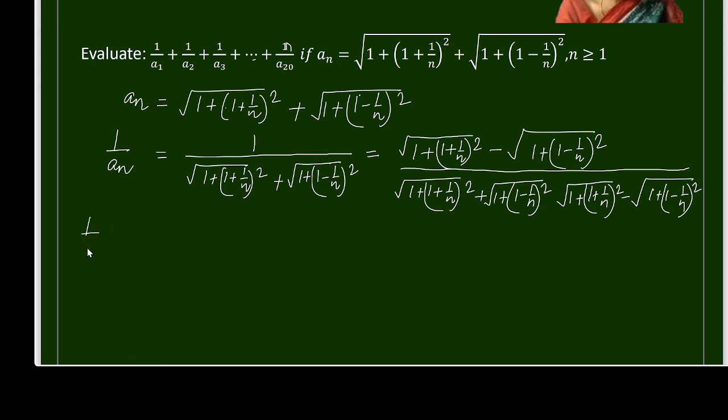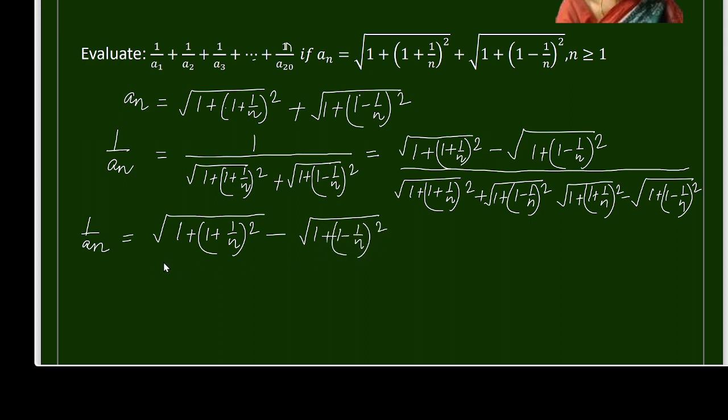So the reciprocal of the nth term will become, numerator will be, for this step I am writing the same, you may simplify this, square root of 1 plus (1 plus 1 by n) whole square minus square root of 1 plus (1 minus 1 by n) whole square.